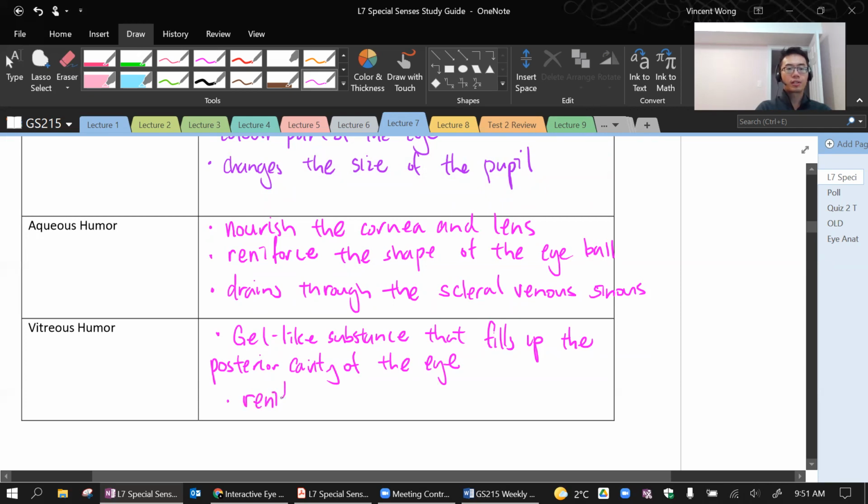Also reinforces the shape of the eyeball. Okay.